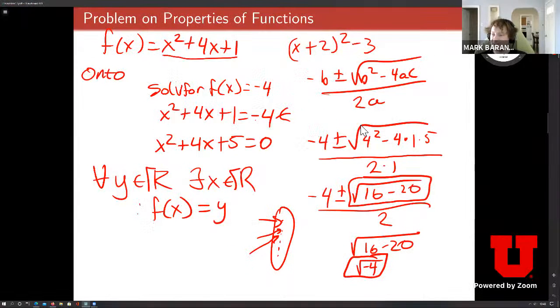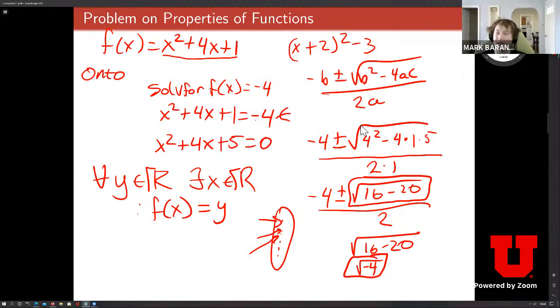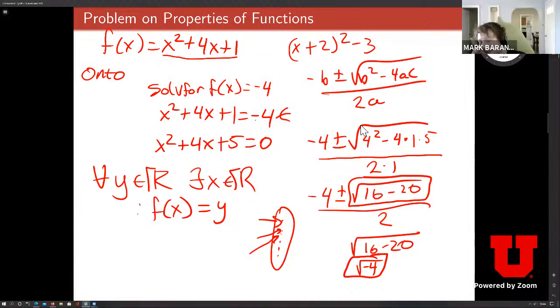Any other questions? Will there be a problem like this on the quiz? No. We won't have to go through this nightmare of quadratic formula? You're not going to use the quadratic formula on the quiz.